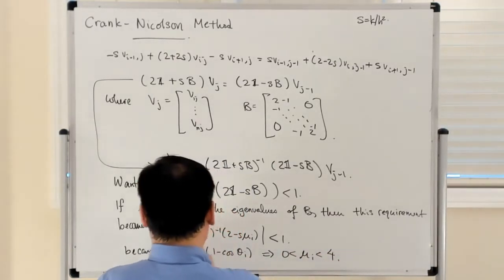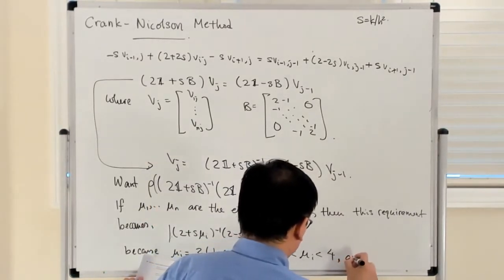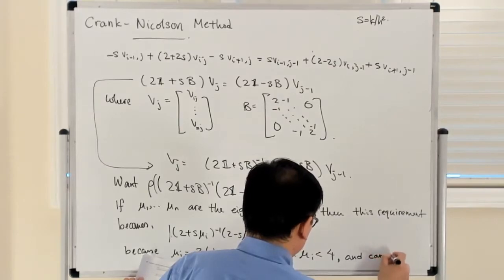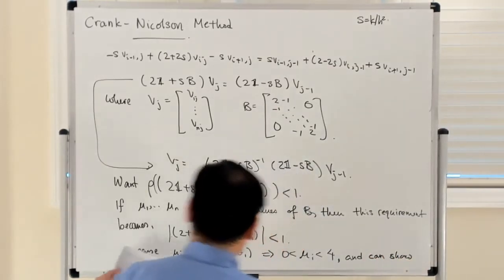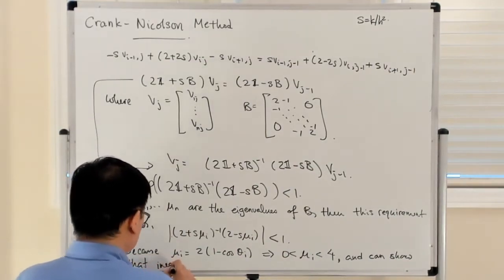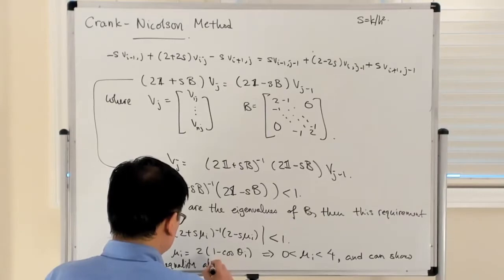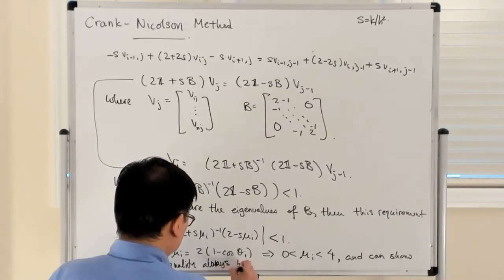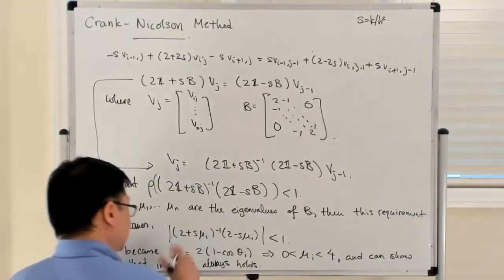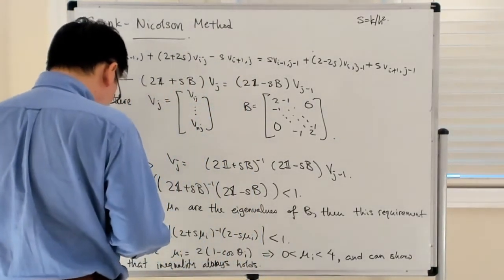And then from this, you can show with a bit of work that this inequality always holds, okay? And of course, if the inequality always holds, then it means that the Crank-Nicolson method is unconditionally stable.